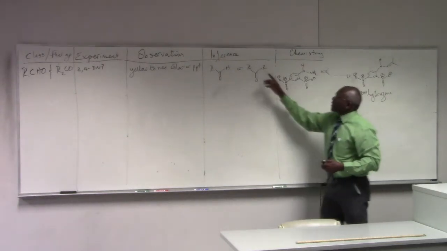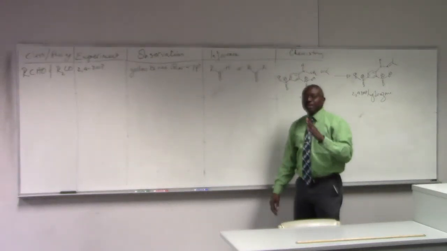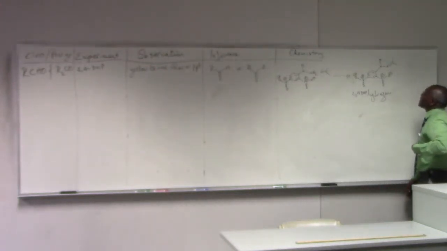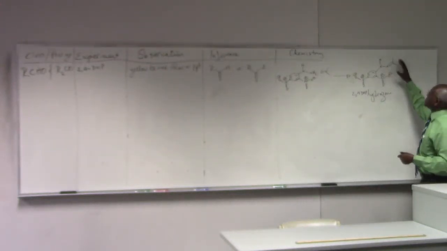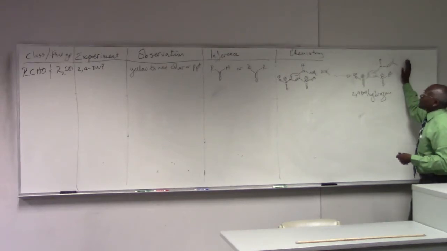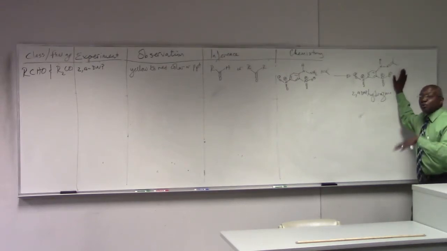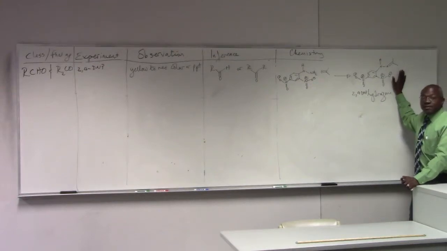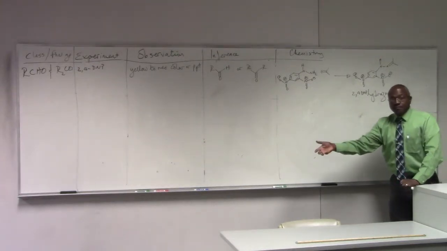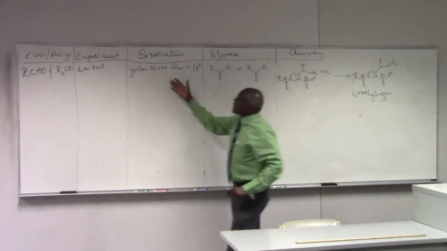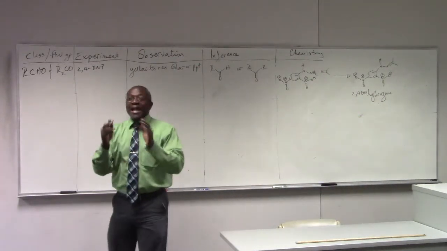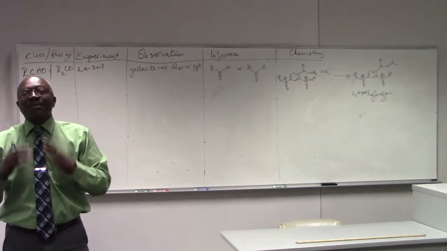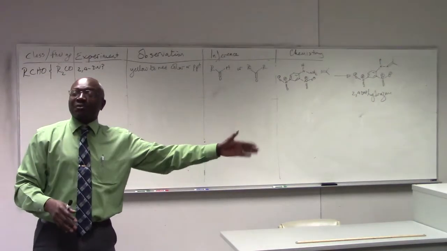But if the carbonyl compound is heavy, easily more than 6 carbons, 6 is kind of on the fence, if it's got lots of carbons, then Van der Waals bonding takes over and the compound becomes insoluble in water, and therefore it precipitates. So you get a yellow to red precipitate. So if you get a yellow to red color, it means you have a light aldehyde or ketone. If you get a yellow to red precipitate, it means you have a heavy aldehyde or ketone.